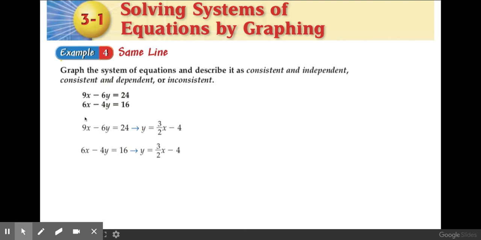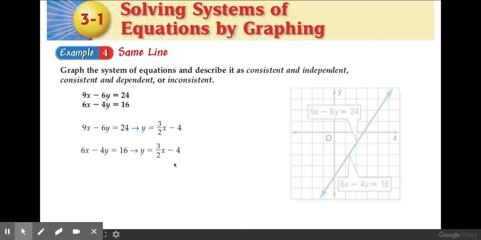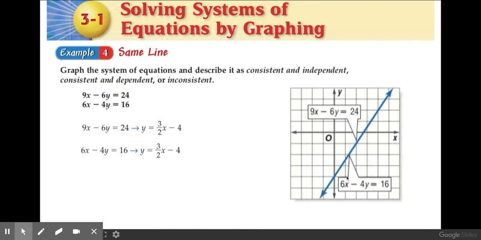Now, if you notice, after simplifying each one, they give me the exact same equation. Well, if they give me the exact same equation, they're going to make the exact same line. So that means every single point on one line would also be a solution for every single point on the other line. So this would be an example of when you have the same lines, you have an infinite number of solutions.